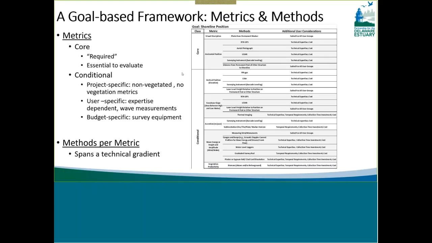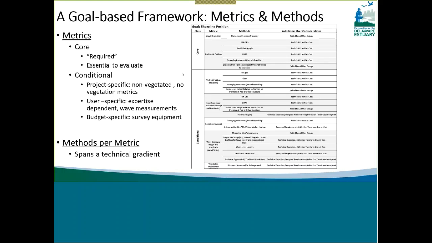What are the different metrics people are using that they have found to be informative? So the metrics described here are ones that are commonly used. And what's nice about using commonly used metrics is when you talk to somebody else who's done something like you, they might be looking at it in the same way. So this sort of helps with that sharing of data.